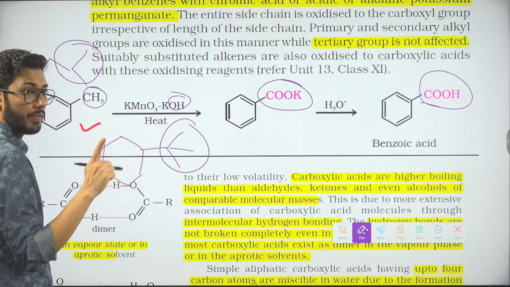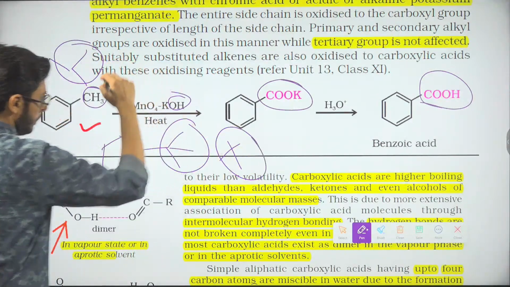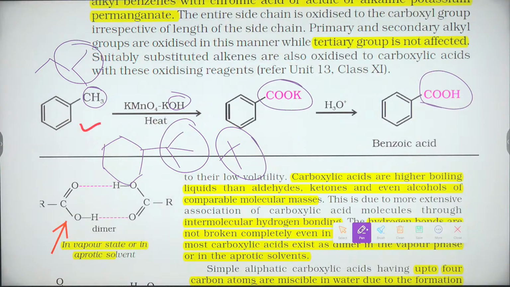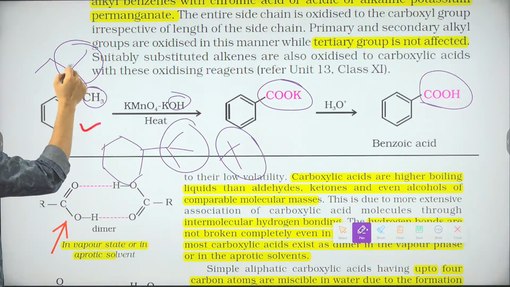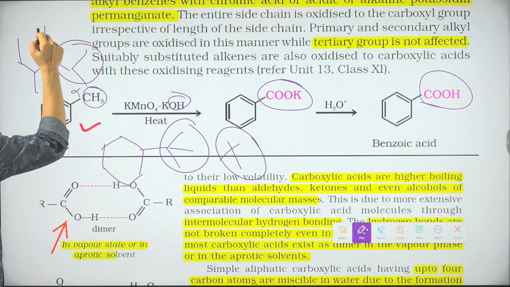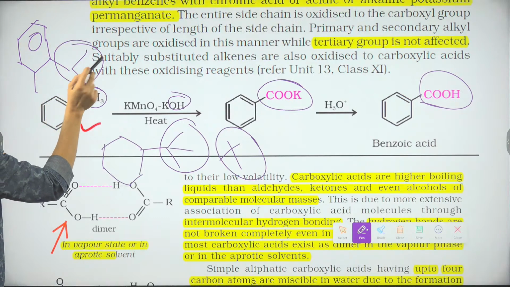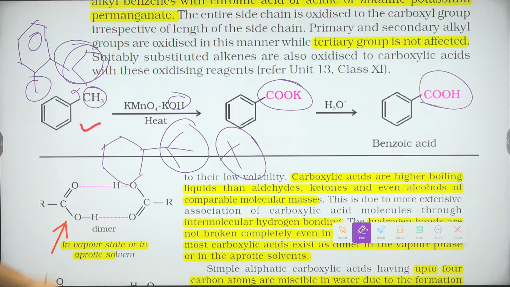This has no alpha hydrogen or no benzylic hydrogen. It remains unaffected. That's the point given. If it is having benzylic hydrogen, here also hydrogen, here also hydrogens are there, wherever it is possible, then it will undergo which reaction? This reaction. Here how many hydrogen? 1. Here how many? 3. They all will be converted to carboxylic acid.